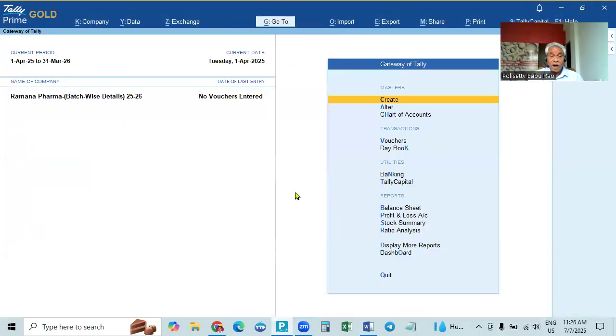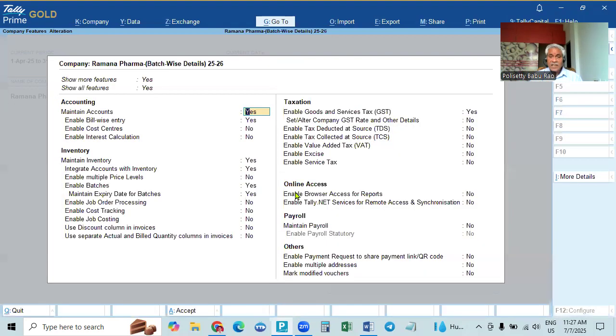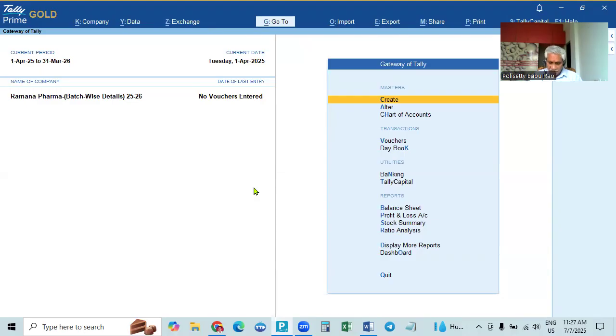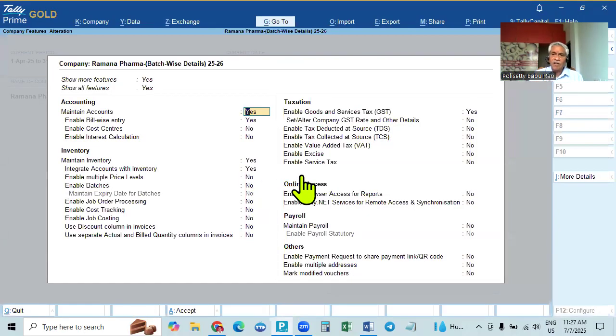This is all ordinary. After creating the company, we will go to the company features. If it is already created, we have to go to that by pressing F11. So by pressing F11, we go to the F11 features. In this case, all the features which we require are already enabled, as for any other business.